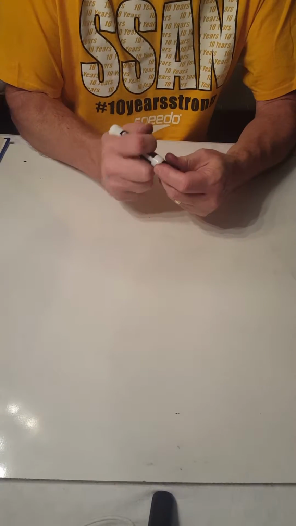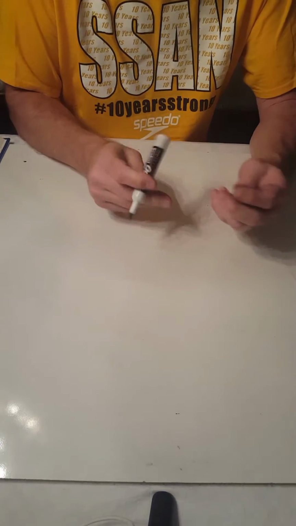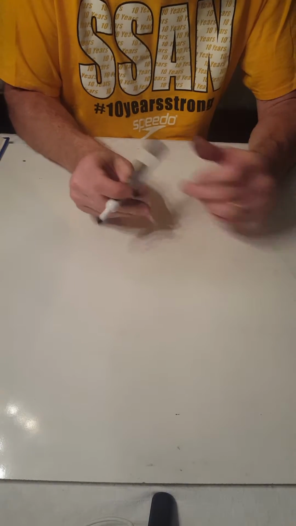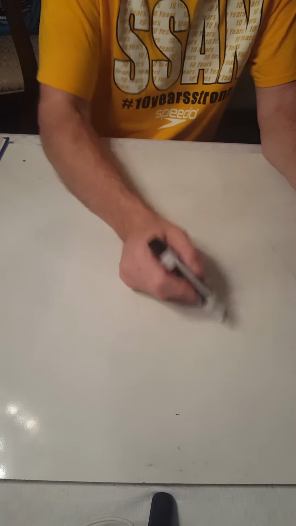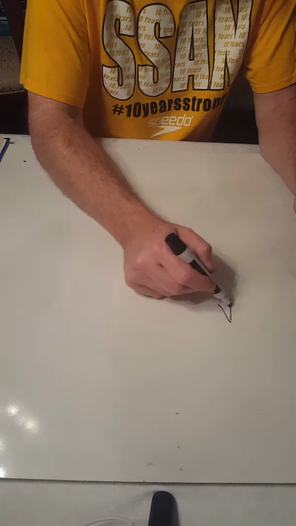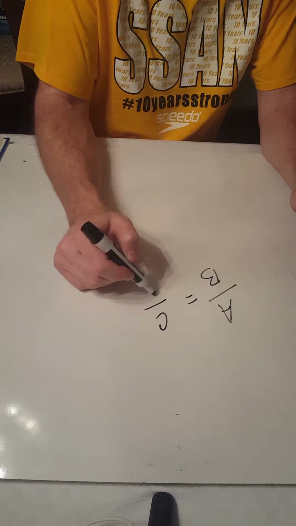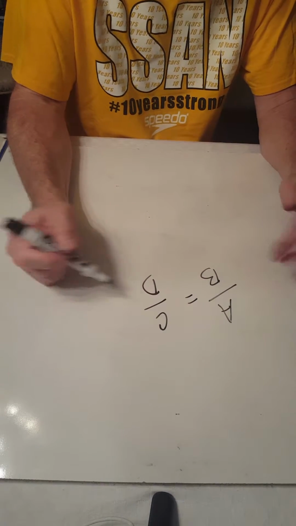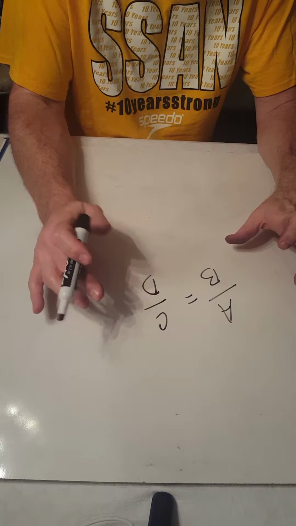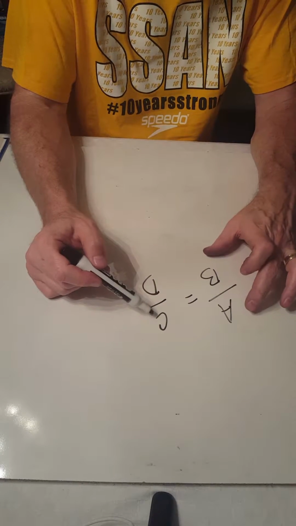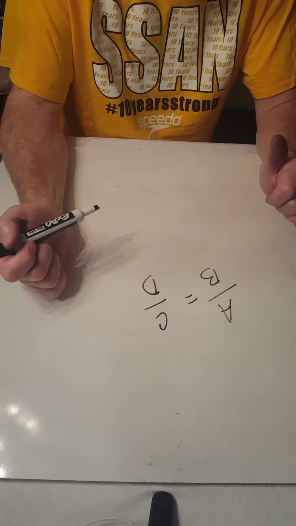So the fundamental form that any ratio problem takes is you have a ratio of A to B, and you are told that that ratio equals another ratio C to D. And invariably, you will be given 3 of these numbers and you'll have to solve for the 4th.